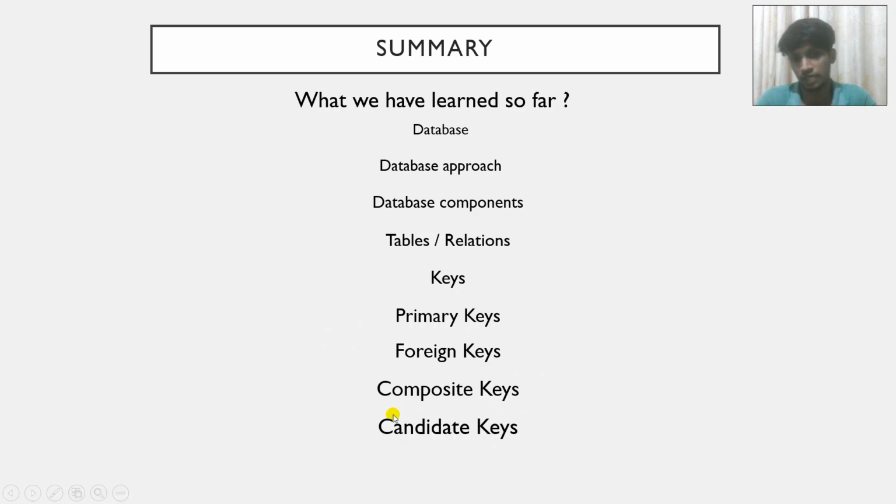But maybe the composite key is not in the candidate keys, because sometimes a composite key might contain just normal attributes. Normal attributes are not key attributes, so they are not candidate keys. So a composite key might be a candidate key or may not be, but a primary key and foreign key for sure will also be candidate keys.